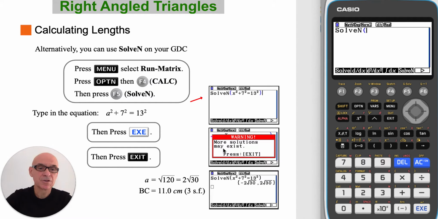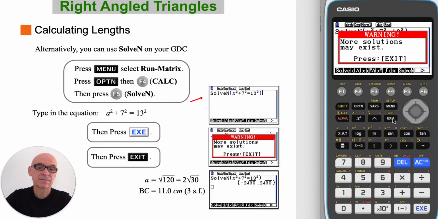Typing in the equation using the x variable to represent a, so x squared plus 7 squared, shift to access the equals, 13 squared. Closing the brackets and pressing execute.